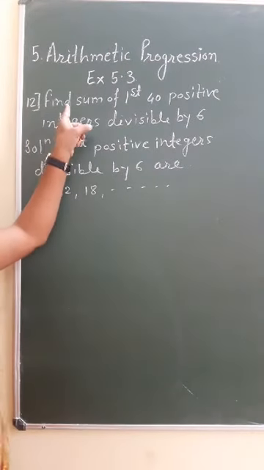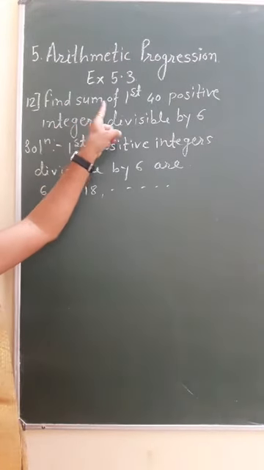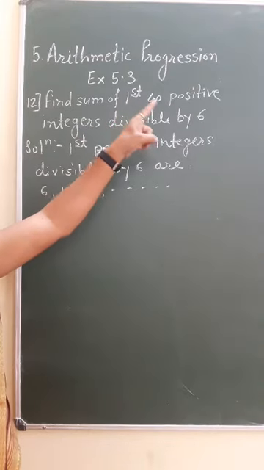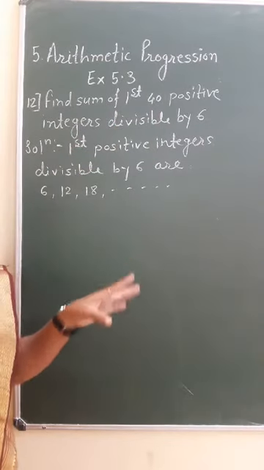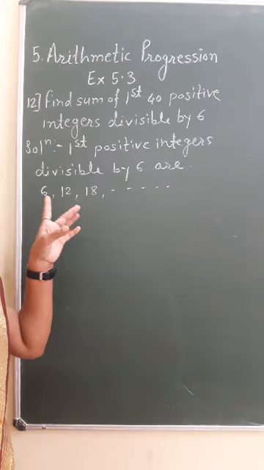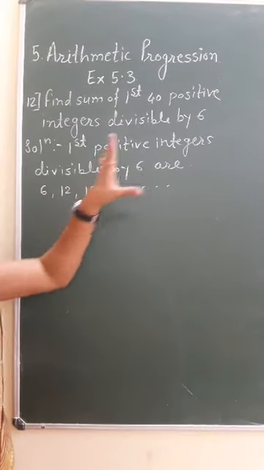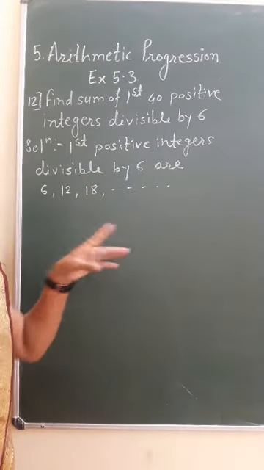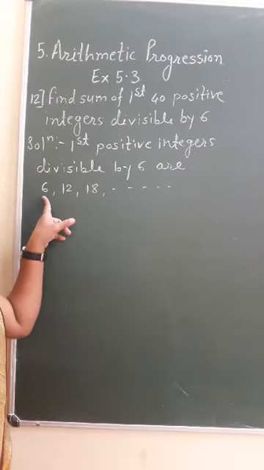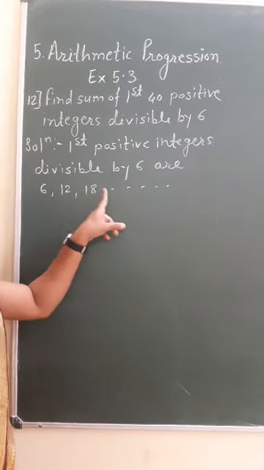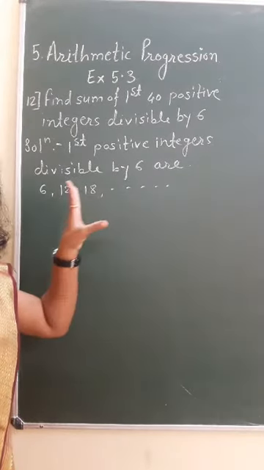Okay, what have they given, and what do we have to find here? Find the sum of the first 40 positive integers divisible by 6. The first positive integers divisible by 6 are 6 ones are 6, 6 twos are 12, 6 threes are 18, and so on.